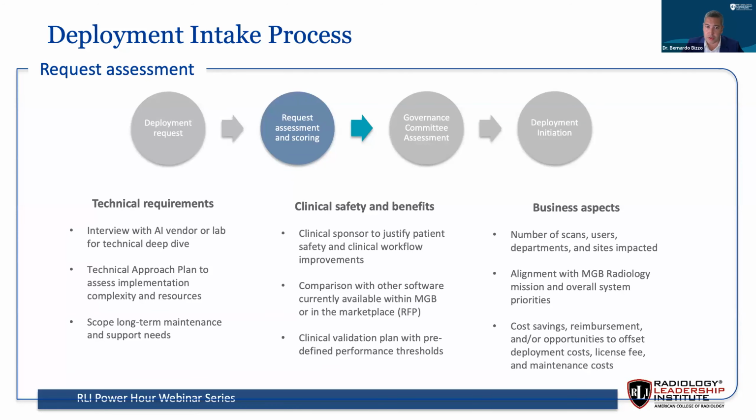The clinical sponsor is expected to support the clinical benefit assessment with consideration for an RFP. For example, if there are those 13 similar products for intracranial hemorrhage available in the marketplace, which one works best with MGB's data and workflows? And are there any other tools doing the same thing already deployed at MGB?